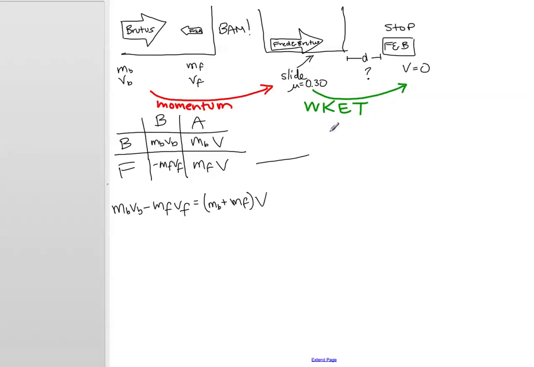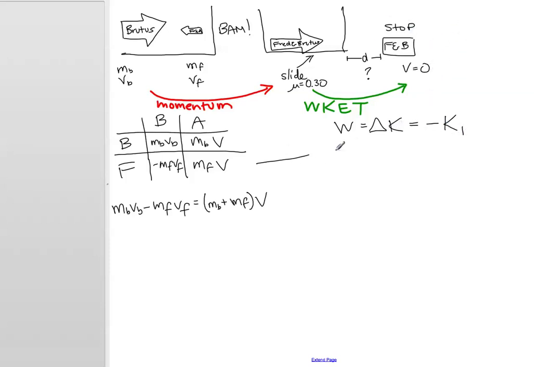Next, we're going to go over here and do the work kinetic energy theorem. The work kinetic energy theorem says that work equals the change in kinetic energy, which means for us that that's going to be equal to the minus the initial kinetic energy because the final kinetic energy up here is 0.